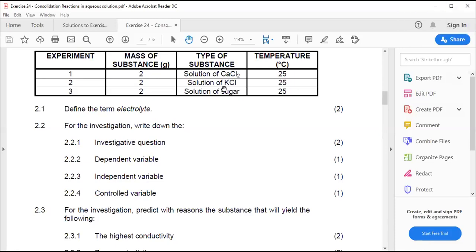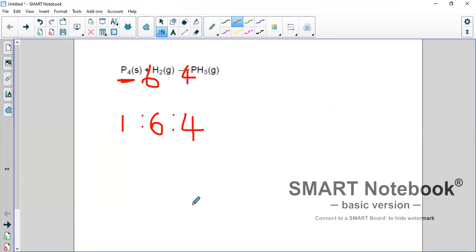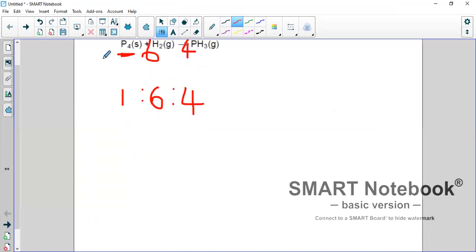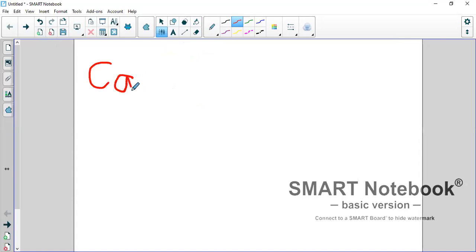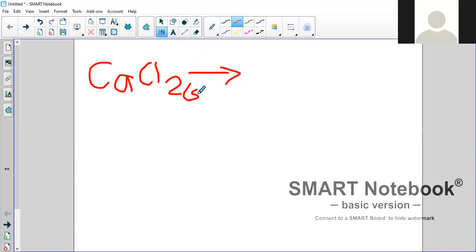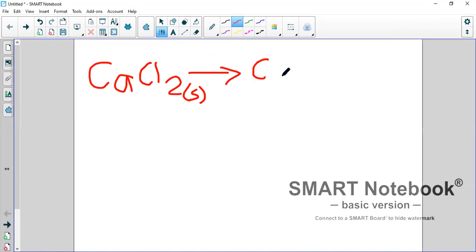Right, so if you look at your calcium chloride, let me just write it down. If your calcium chloride dissociates, it's going to form more ions. Let's have a look. If you put it in water, this is a solid. Then you've got your calcium. If it dissociates, you know calcium is in group 2, so that one is going to be a 2+.